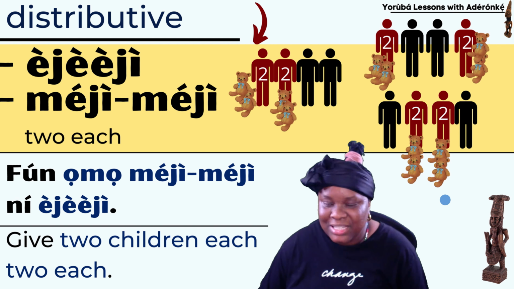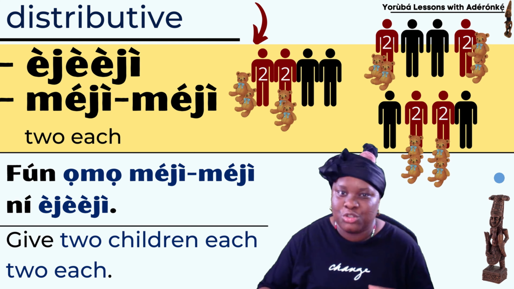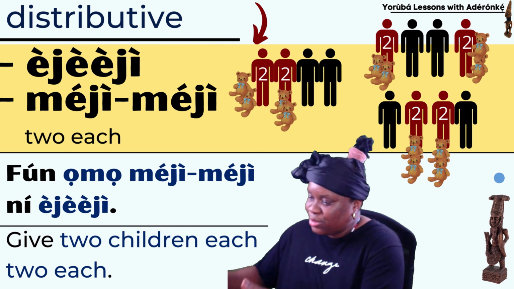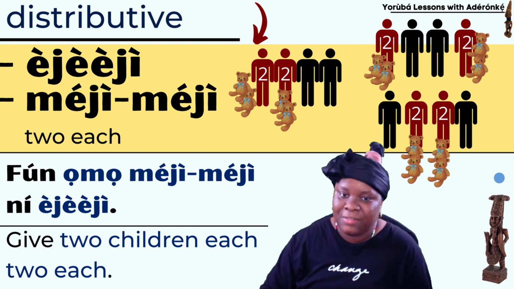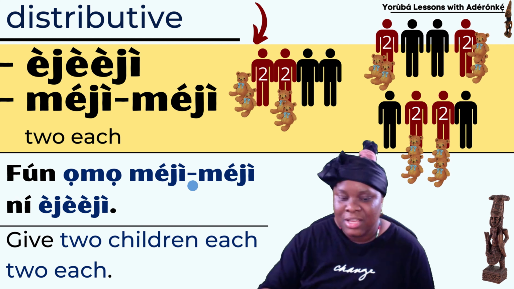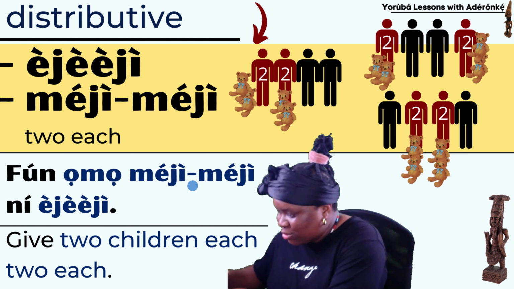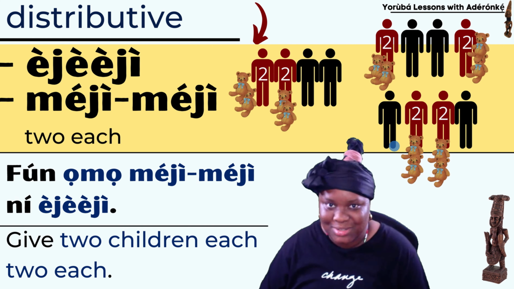2 teddy bears each. Omo meji suggests that you're not just picking any 2 children randomly. You're saying 2 from here, 2 from here, 2 from here. Rather than any 2 children, just give me 2 children so that I can give them 2 each. In this case, it's just 2 from here, 2 from here, 2 from here, 2 from here. 2, then I give them 2 each.